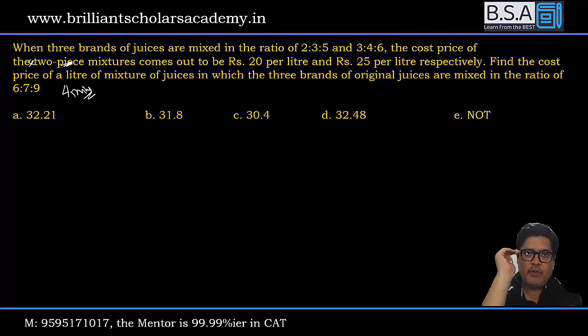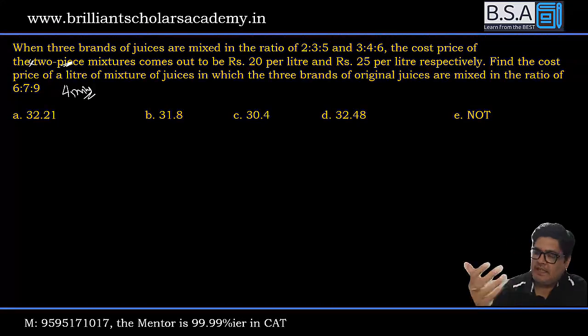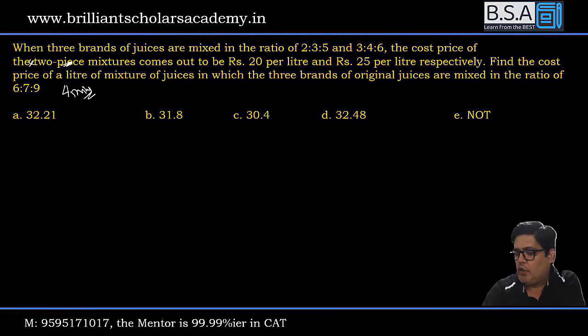What we do not know in this question is the price of individual brand of juice. Price of A, price of B, price of C, we do not know. Same question could be covered under the topic of averages and mixtures. I'm covering this right now with the example of ratios and proportions because I have shown you the concept of average.